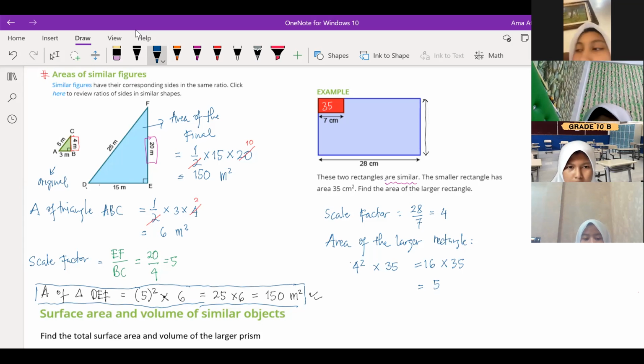Yes, 560 square centimeters, Najwa. So with the scale factor, we can find the area even if we don't know the width of the rectangle. This is the width of the rectangles.